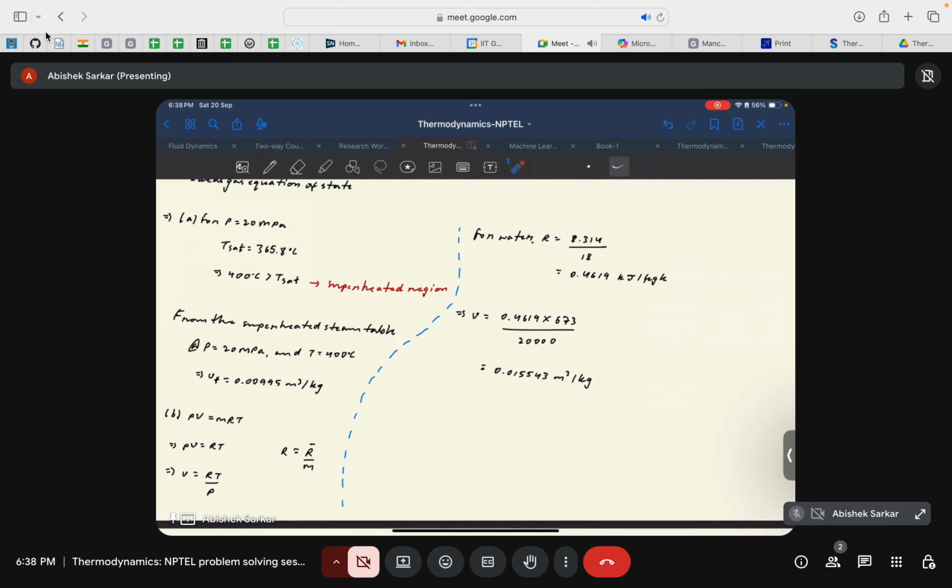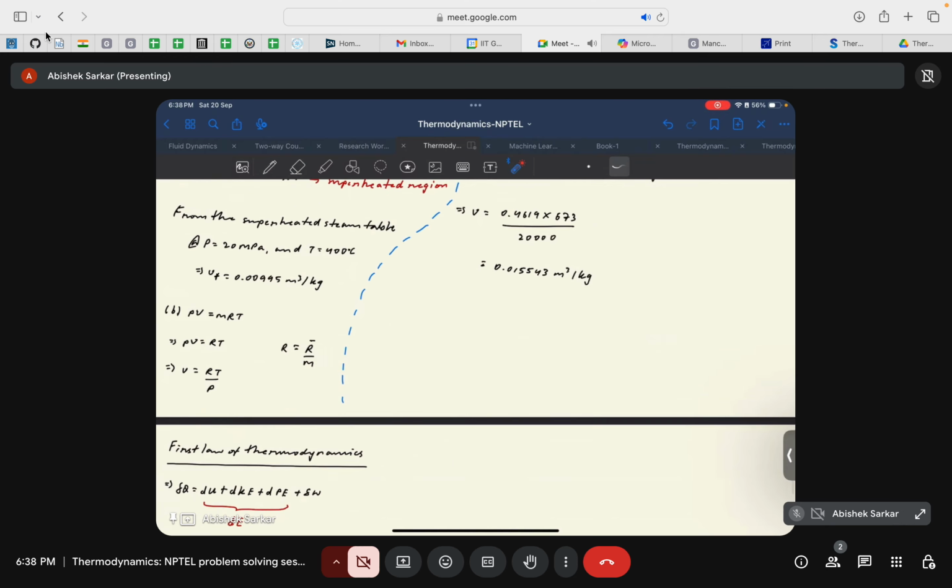Yeah, 0.006 divided by 0.00995. Quite a bit of error actually, but of course the error is still there, but the values are still comparable. That's what I wanted to show. But yeah, let us proceed.